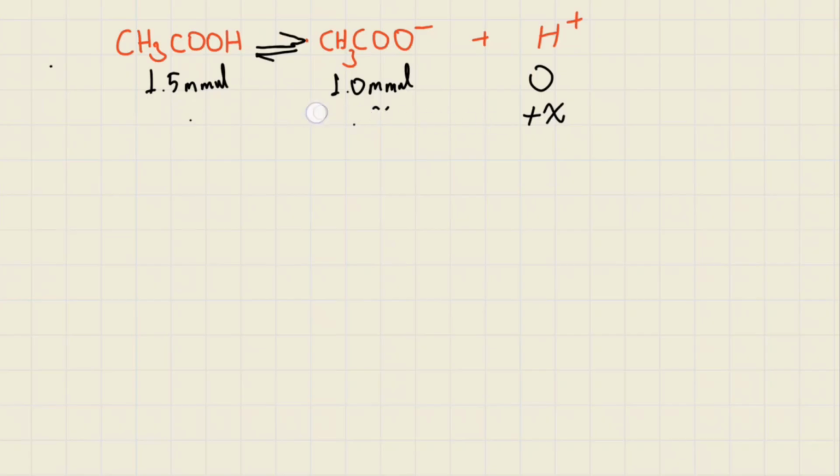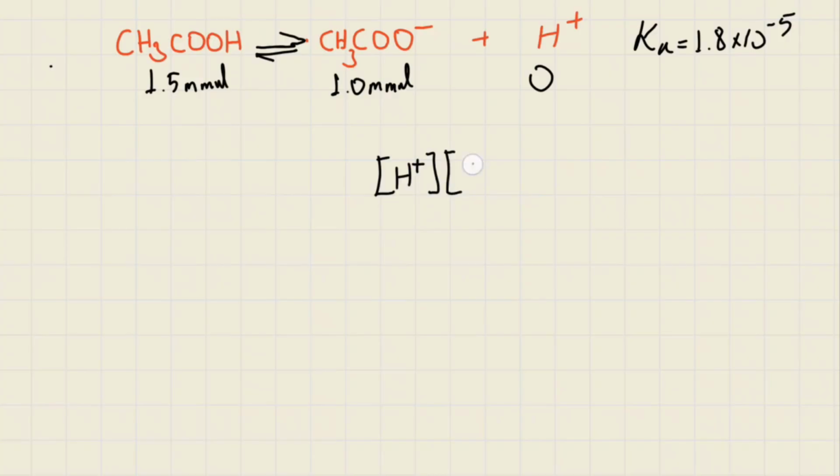Since we know the Ka value, and the Ka value for this reaction is 1.8 times 10 to the minus 5, I can calculate Ka, since it is the hydrogen plus concentration times the CH3COO minus concentration over the acetic acid concentration.